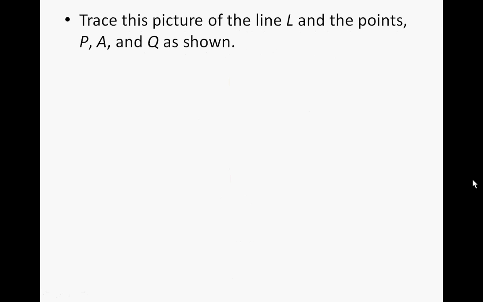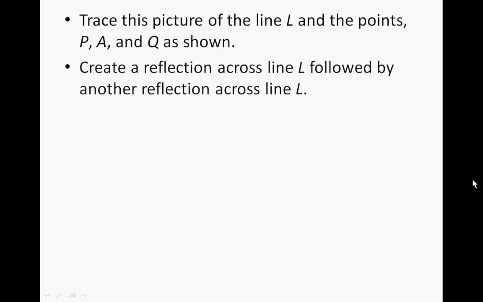Trace this picture of a line L and the points P, A, and Q as shown. Create a reflection across the line L followed by another reflection across the line L. So using your transparency, take the last picture that I showed you, and just keep flipping your transparency over. What do you notice happening to P, A, and Q?